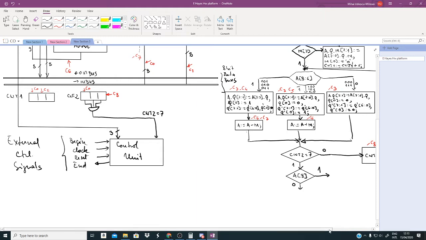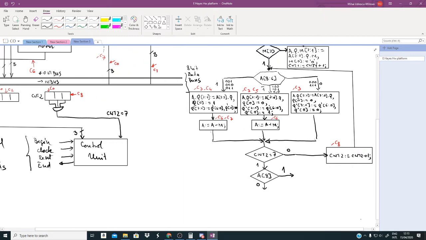If we are making correction, we correct both the partial remainder and the quotient.